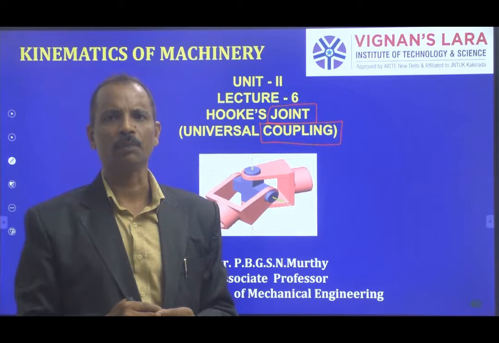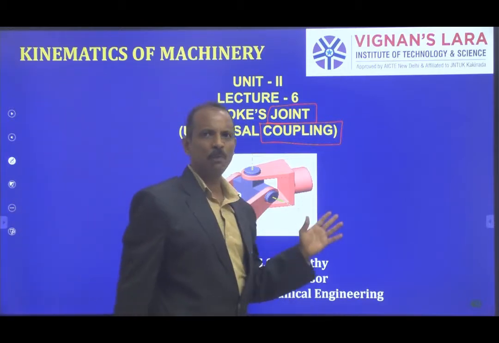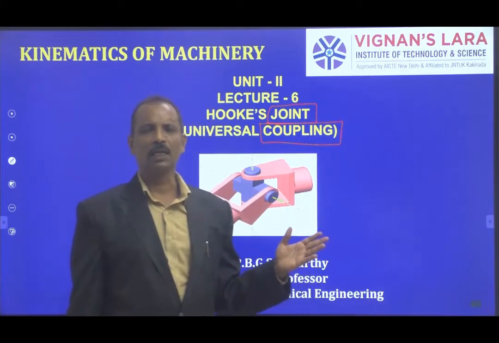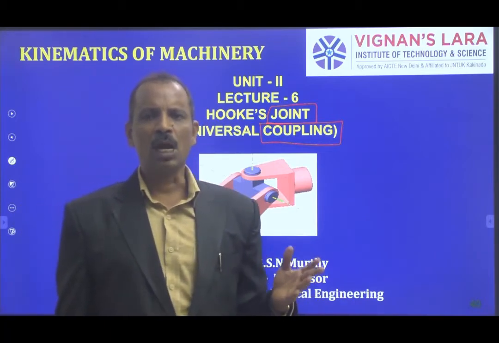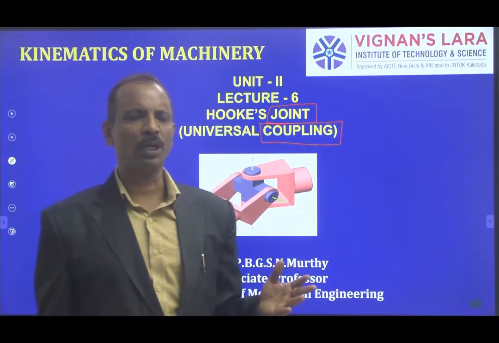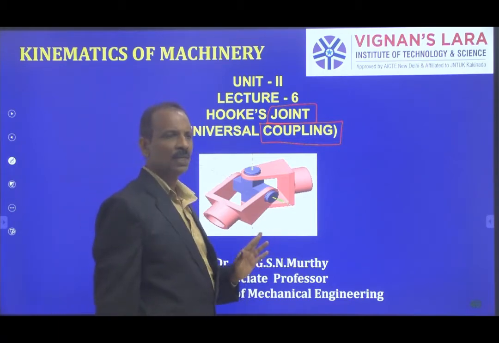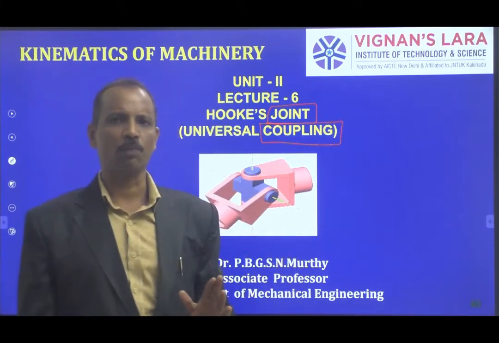In machine design, that is in the DMM1 course, you have already finished rigid couplings and flexible couplings. Under the category of flexible couplings, you might have studied this universal coupling or hook joint, and one more coupling is the Oldham coupling.